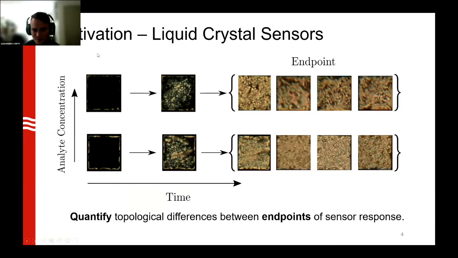What we're seeing here on the left is where we start before we expose the system. Then once we expose the system, these liquid crystals start to reorient, and we get these very interesting colors and textures that start to show up. At the end of the transformation, we get these really cool textures. And one of the important aspects of these systems is that they're very, very sensitive.